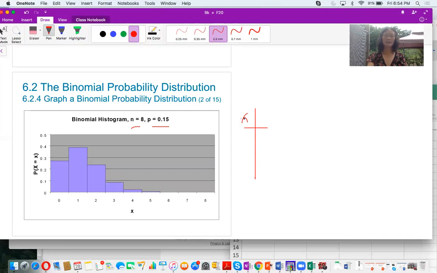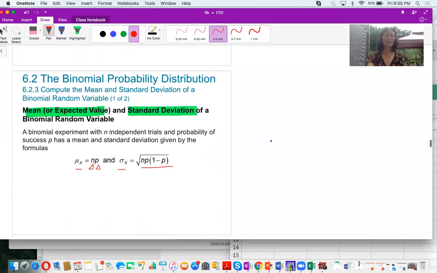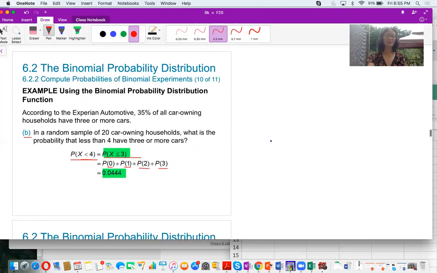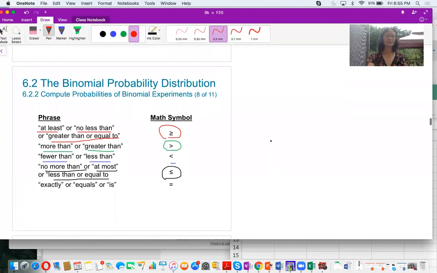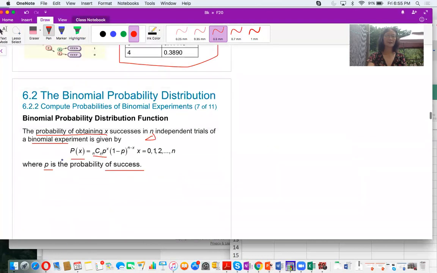We need to have x and P(x). So when x equal to 0, what is the probability? You need to calculate this. How do you calculate? Use this formula here, the binomial formula. Use the binomial formula to calculate.